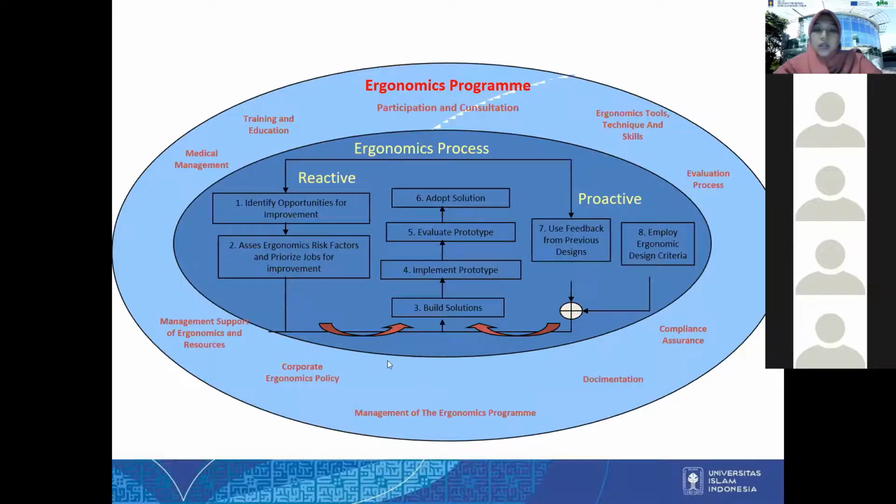And this is also another step in ergonomic participatory. Ergonomic participatory means that we make the design for the workstation or workplace, or design product, but not only based on the designer, but we involve all of the stakeholders to make the product and evaluate the product to be better and better.